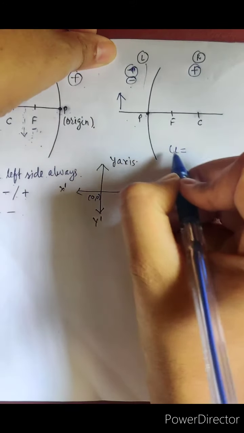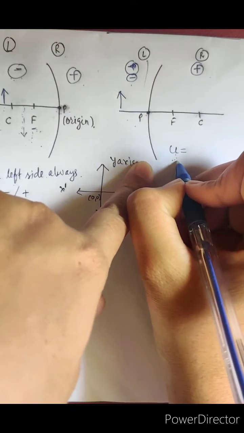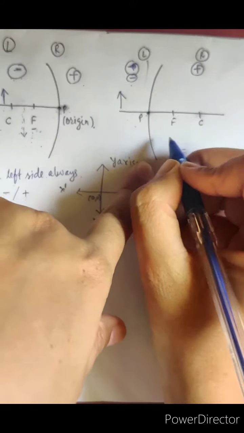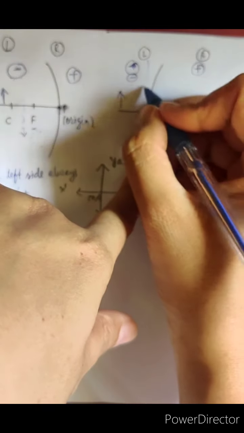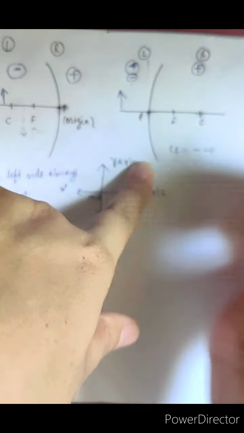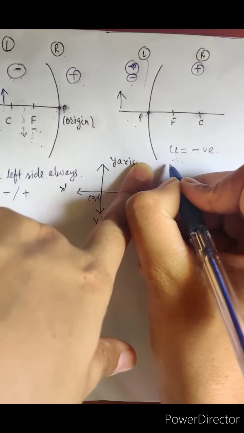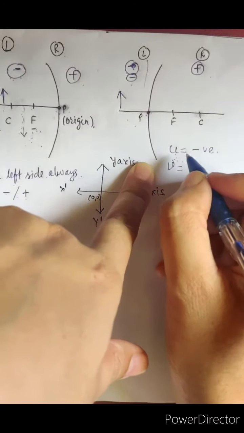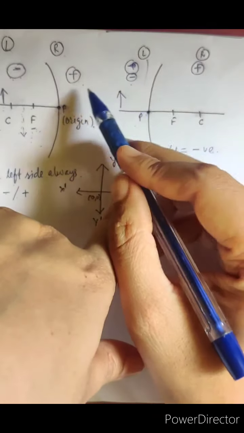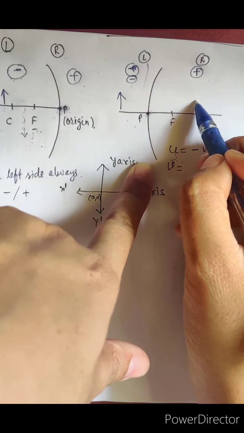Now in this case, what will be the sign associated with the image distance? Positive or negative? Next we have image distance. Now we have seen two cases. One case is when the object is kept at infinity, the image will be formed on the right hand side of the mirror.